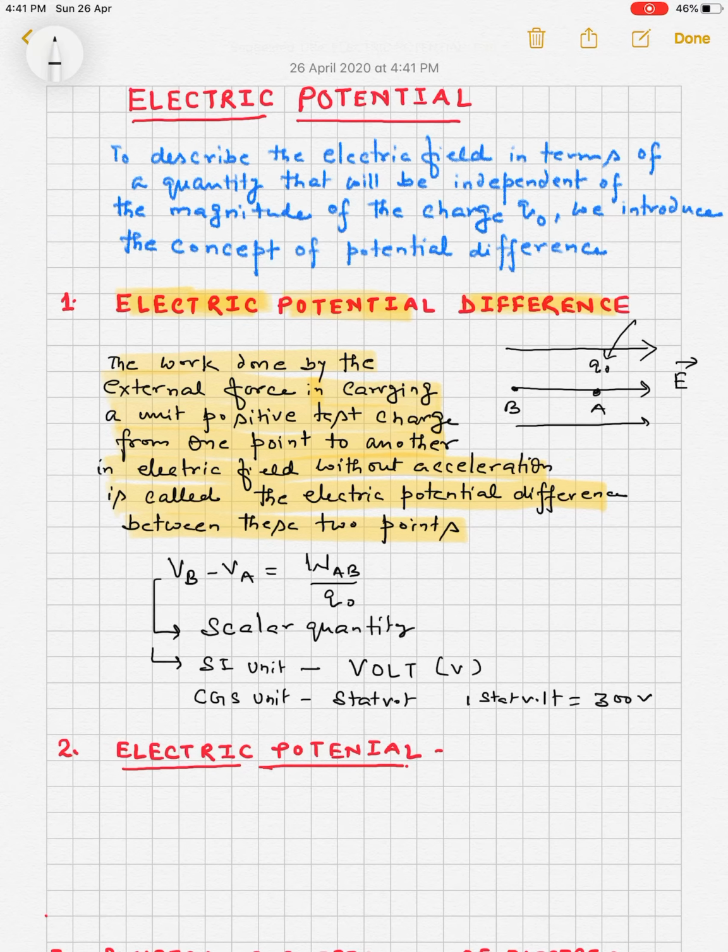So this is the formula for the potential difference. V_B minus V_A is equal to the work done in moving a unit positive test charge from one point to another point.